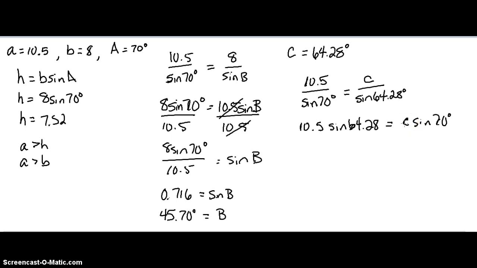To finish solving for c, I'm going to divide both sides by the sine of 70 degrees. Now if we punch that in on the calculator, be really careful how we punch it in, because we want to make sure that we're following order of operations. We end up with the length of side c equal to 10.07, rounding to the nearest hundredth.